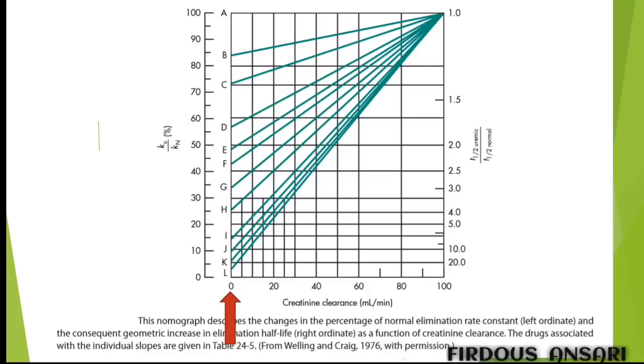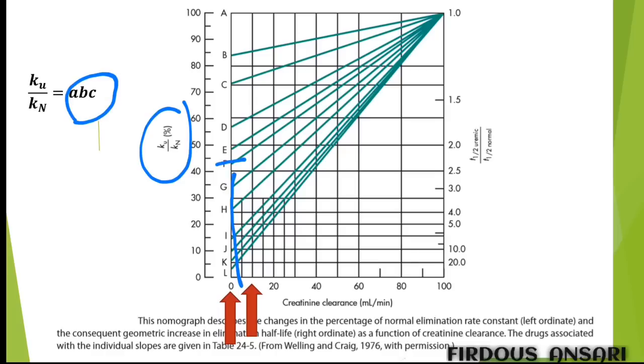You should find which group your drug is, that is F. Okay, drug F. Here you should find where the point lies, so you can get the value of Ku by Kn, wherever this point intercepts. That point will be like ABC, for example.